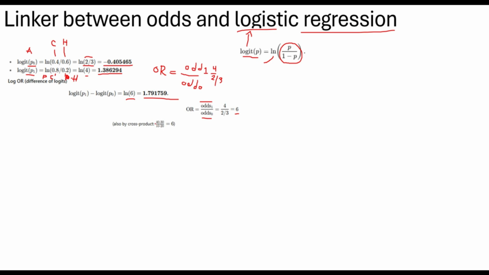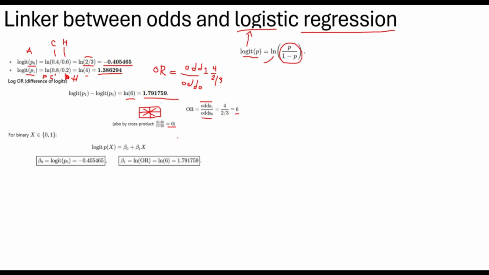Also, you can do it by cross product, where you have a table, and you multiply like this, and then divide, and you get the 6. It's called cross product, but it's okay, you can do it simply by this. And then we had a binary classification problem.